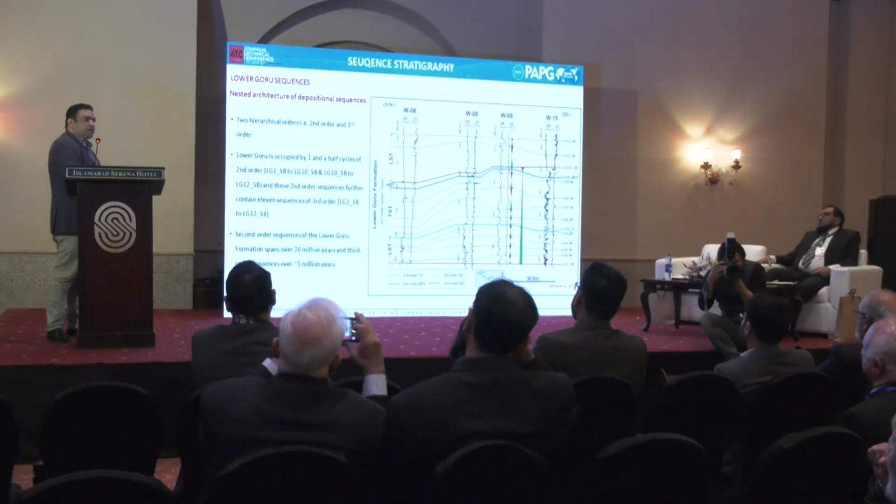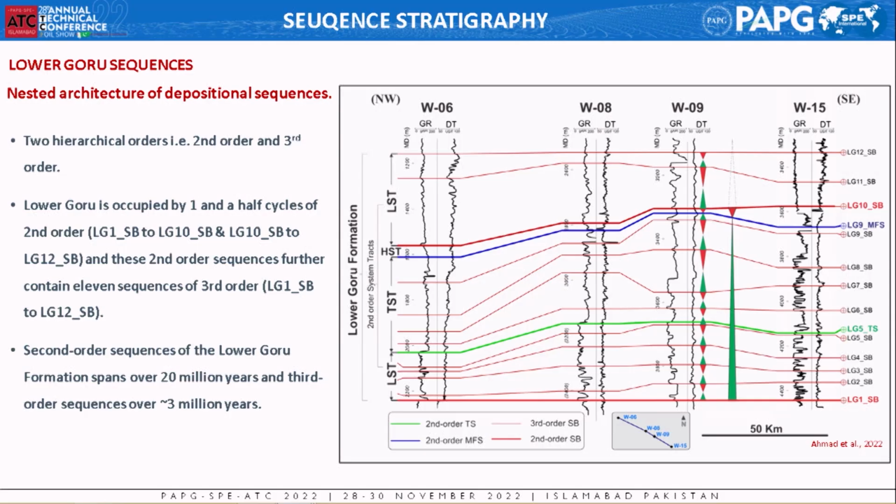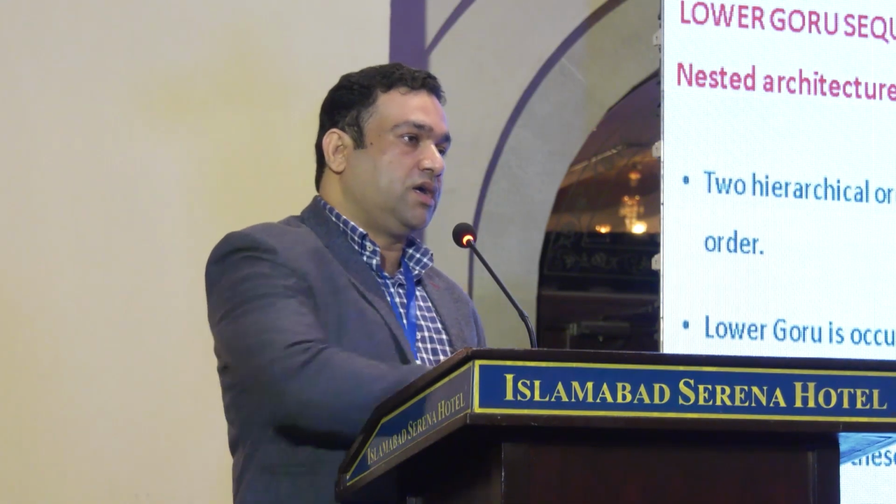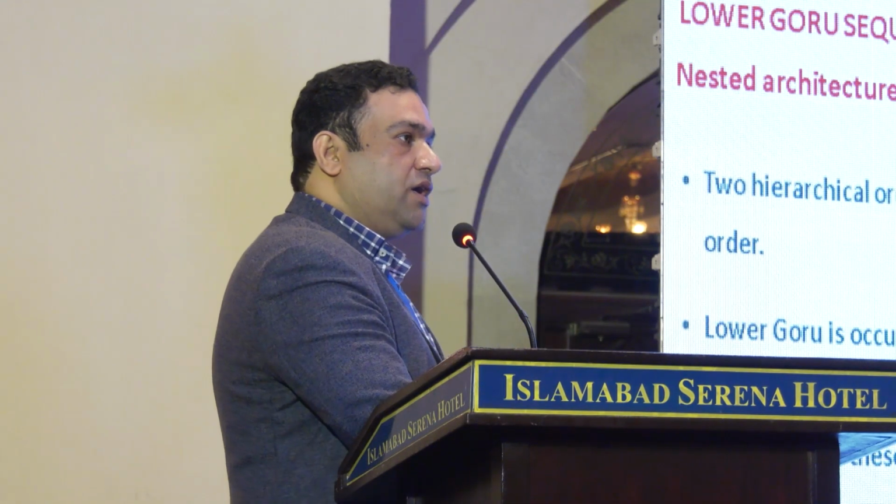This is the nested sequence stratigraphic framework of the Lower Guru formation across the regional correlation panel. Here you can see 4 wells starting from east to the west. This panel spans about more than 100 kilometers in the depositional dip direction.